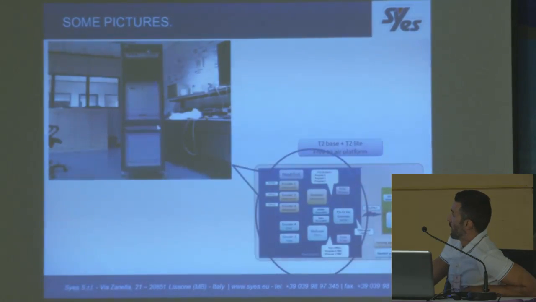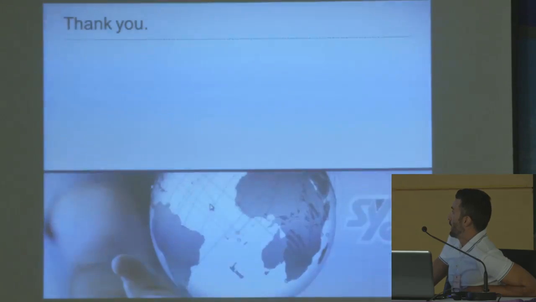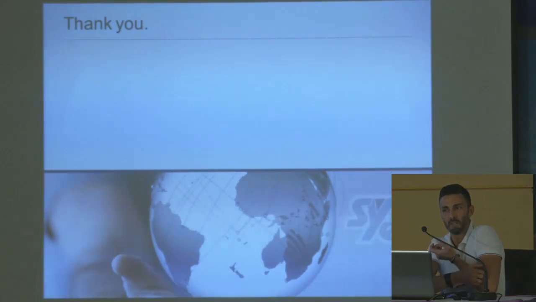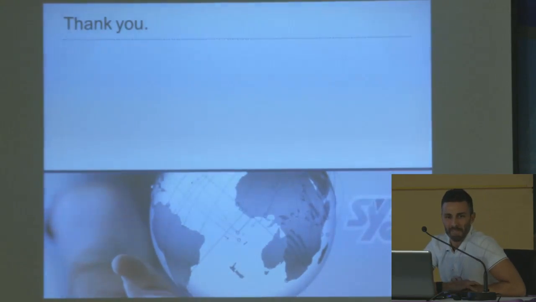This is the picture of the structure which contains the encoder, the gateway, and the multiplexer. And I finish here. Okay. If you have any questions, please.